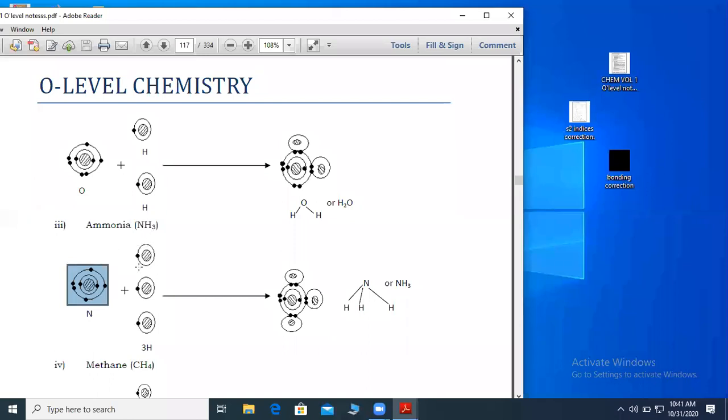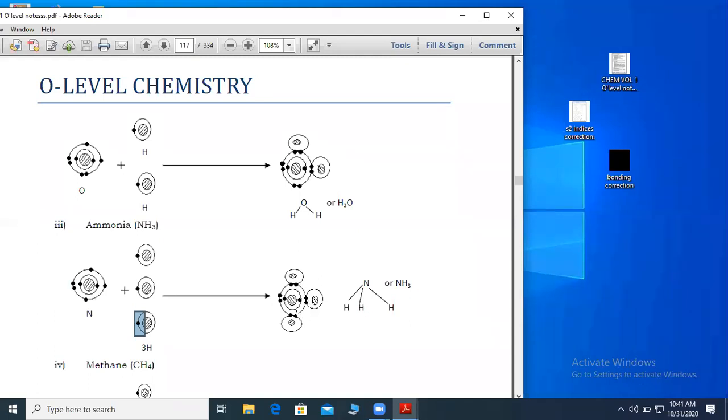So the other 3 should come from hydrogen sharing, such that each hydrogen atom comes with 1 electron, and that electron will be shared with 1 of nitrogen. Then the other hydrogen also comes with its electron to share with another one of nitrogen, and finally the third also brings its electron, such that when you count again, you are going to have 8 for nitrogen, and each hydrogen will bring 1.